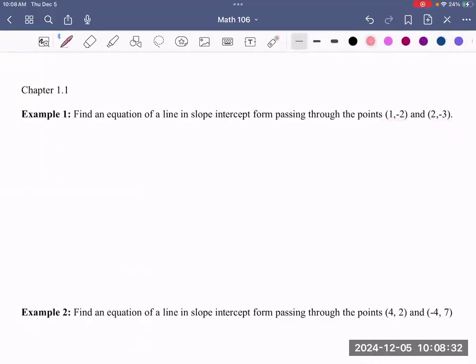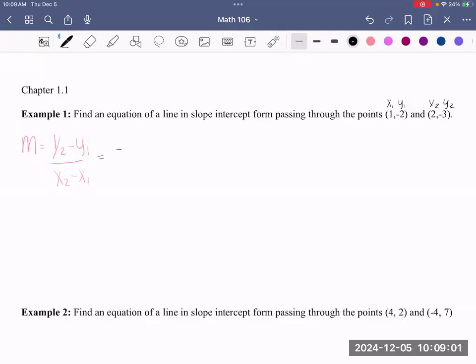If we know that your slope is equal to y2 minus y1 over x2 minus x1, and we have x1, y1, x2, y2, I like to label everything. It doesn't matter which one you label. If you wanted the first point to be x2, y2, that's fine. Just don't swap your x's and y's. Don't trade your points. So let's go ahead and work it in.